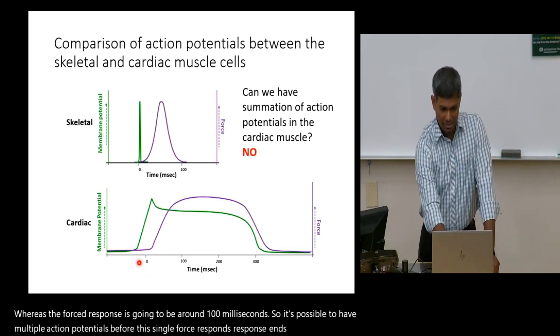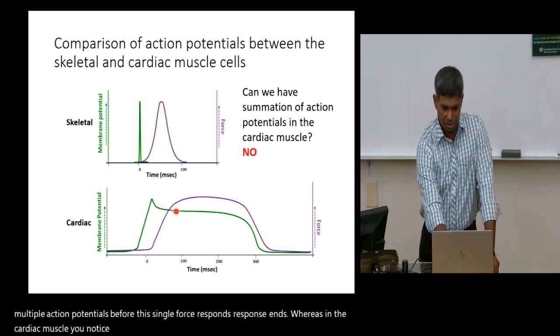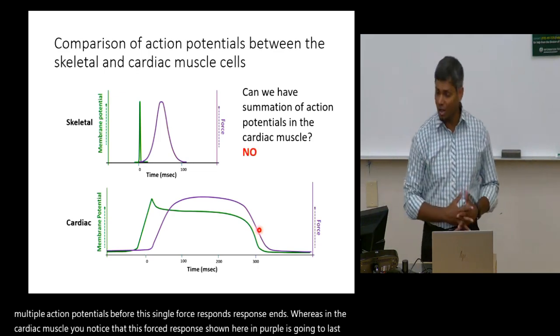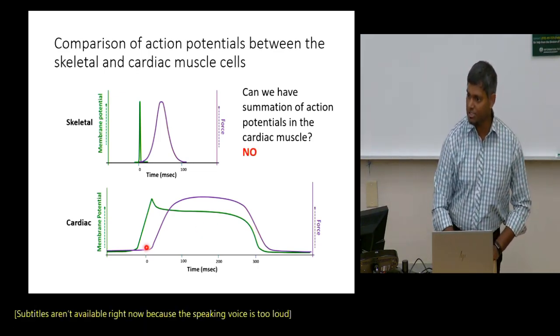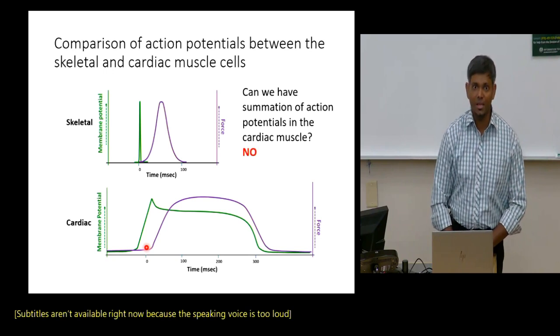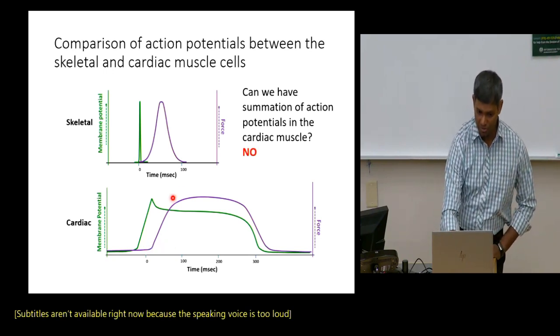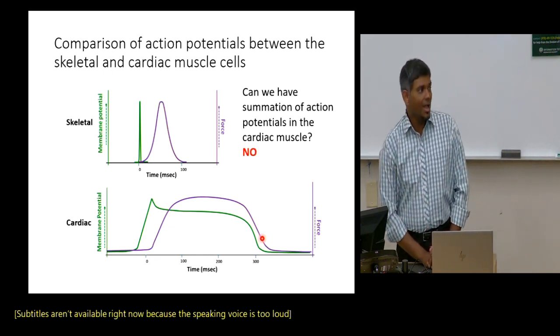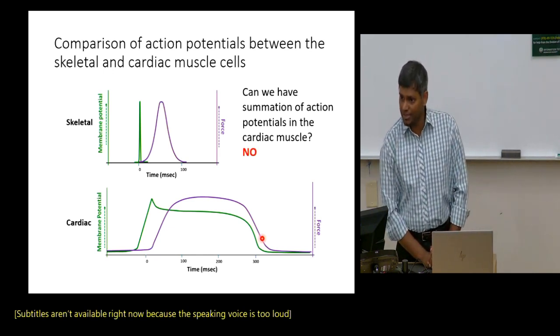Whereas in the cardiac muscle you notice that this force response shown here in purple is going to last almost as long as the action potential itself. I'll repeat, in the cardiac muscle this force response is going to last almost as long as the action potential which triggers it.